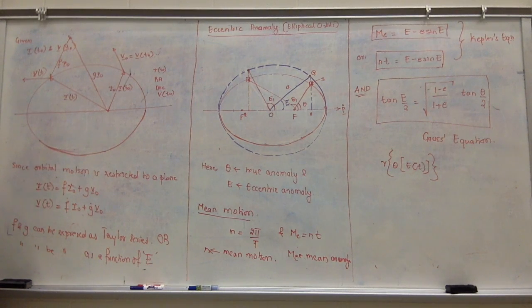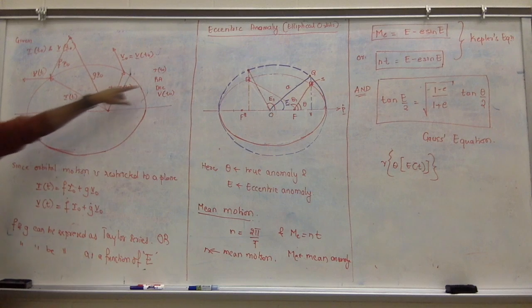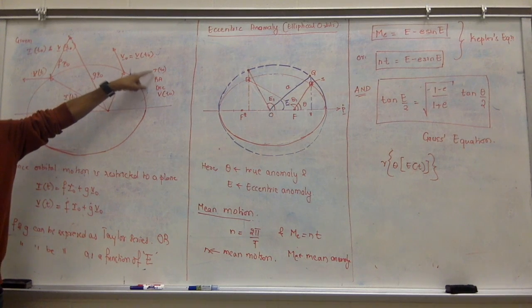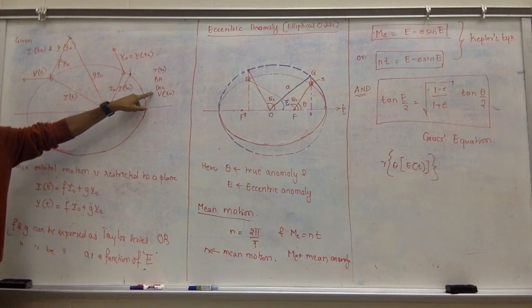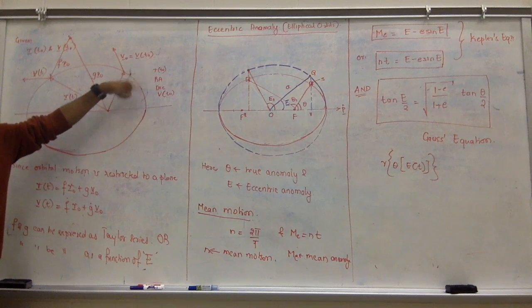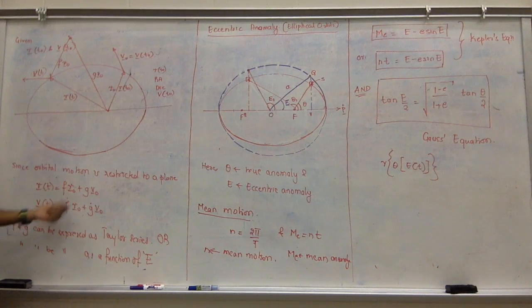And you're required to find out r and v at some other time, after 30 minutes. Got it? So here you first need to calculate the vector r from this right ascension and declination. Okay? And then use that information. I'll give you the expressions for f, g, f dot, g dot to calculate.